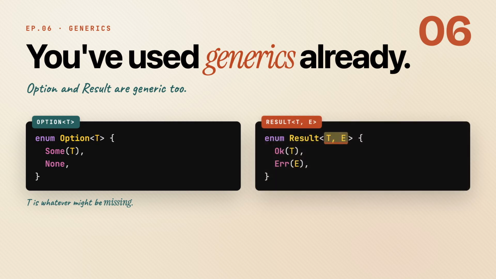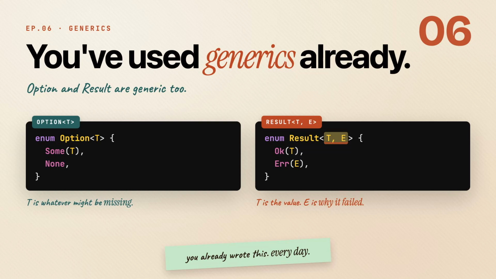And Result carries two: T for the value when things work and E for the reason when they don't. Ok for T and maybe Err for E. You already wrote this. You maybe wrote this in a program or something. Generics were never really the crazy scary part. It's quite fun.